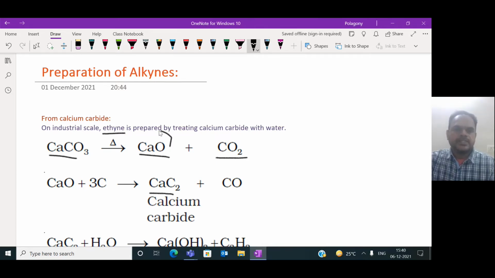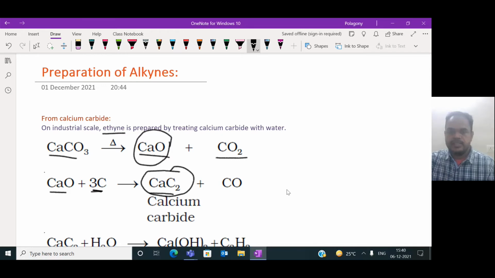The obtained calcium oxide, called quicklime, when heated with carbon, coke or carbon powder, at a high temperature of around 2000 degrees Celsius, gives calcium carbide crystals.